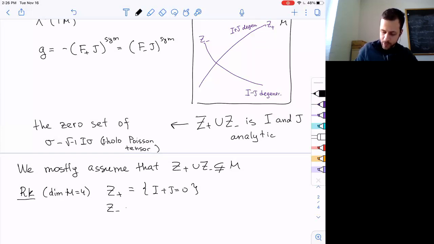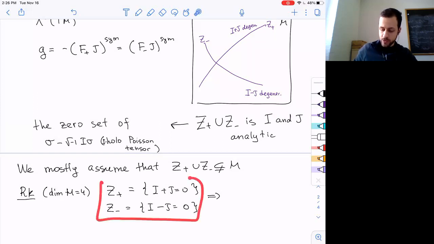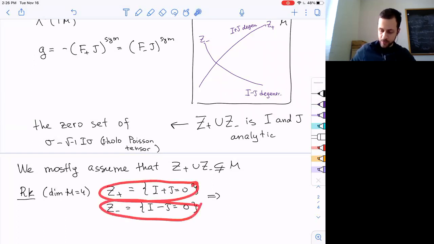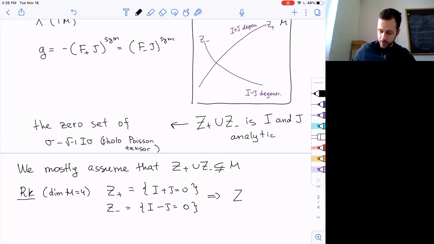And Z minus is the set where I minus J equals 0. And thus, it's purely for dimensional reasons. You basically can write down this set. And for this reason, because these clearly do not intersect each other, you have that these are disjoint.